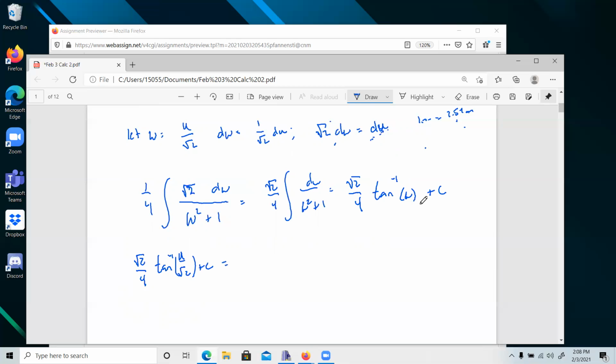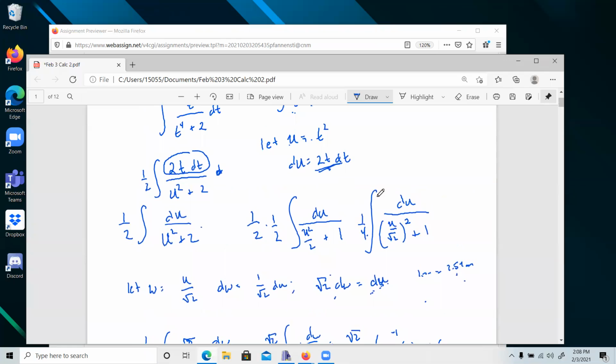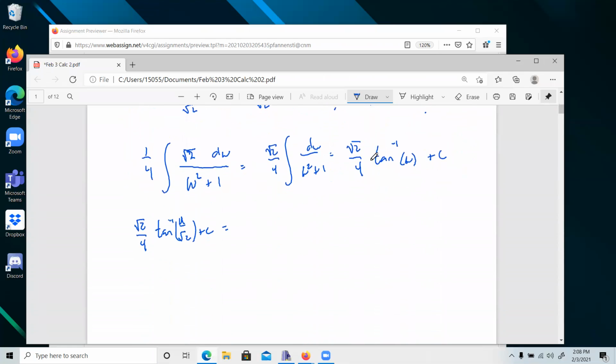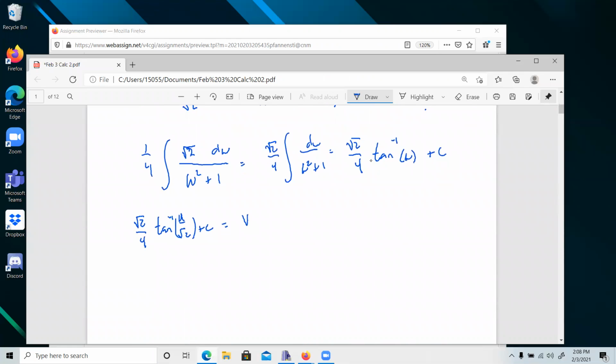And u was equal to t squared. So we have square root of 2 over 4 tangent inverse of t squared over the square root of 2 plus c, and that's how we're putting that together.